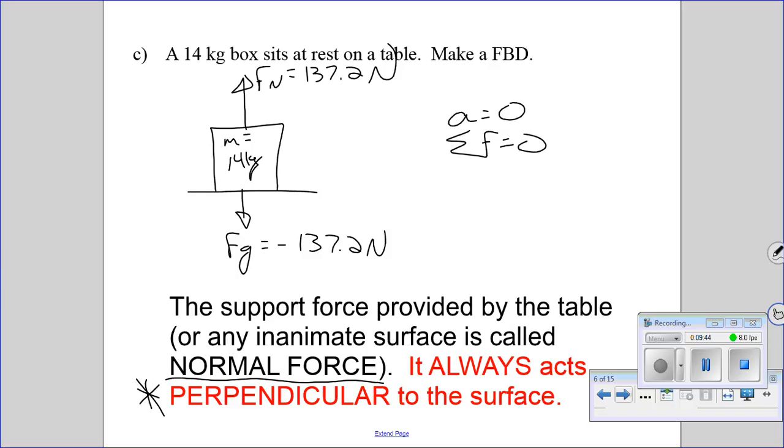In this example, it does, because the only two forces are gravity and the normal force, the table. But we're going to see as we go through these examples today that sometimes your normal force is bigger than the force of gravity, sometimes it's smaller than the force of gravity, sometimes there is no normal force. So you really need to make sure that you're thinking about what's going on. So are there any questions before I go on?